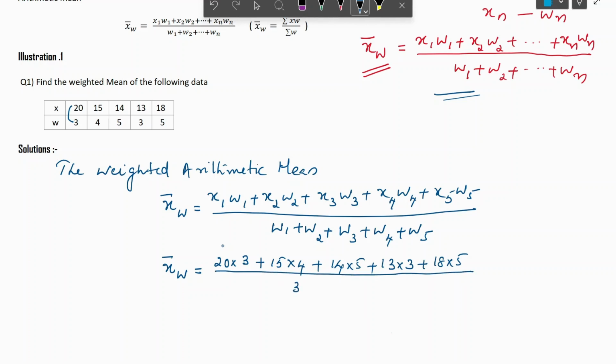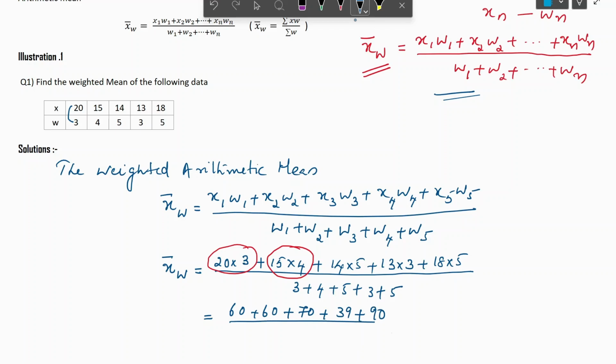That is the sum of the weightages: 3 plus 4 plus 5 plus 3 plus 5. Now with your calculator, separately calculate the values and write, because it's a simple calculator. Here it comes 60 plus 60 plus 15 into 5, 75 plus 70 plus 39 plus 90, whole divided by 3 plus 4 plus 5 plus 3 plus 5, that is 20.